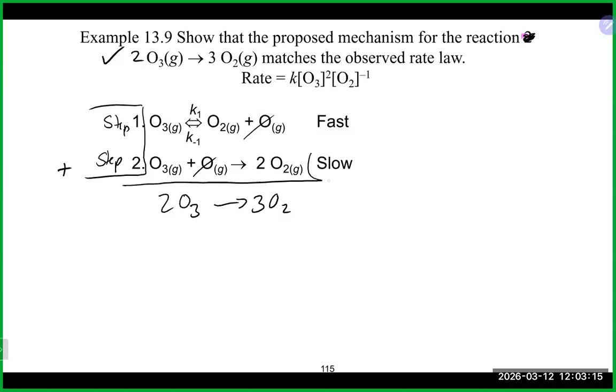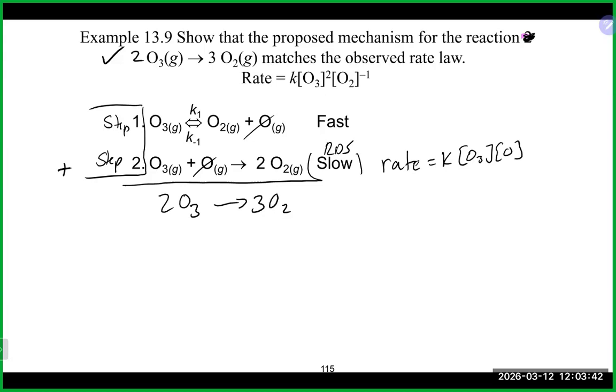Once again, we can identify the rate determining step, because that is the slow step in the mechanism. And that is the rate law that should match the experimental one. If we write it for that, from the elementary steps we can use the coefficients as the exponents, and we'll have k times O3 and O. Any questions so far?